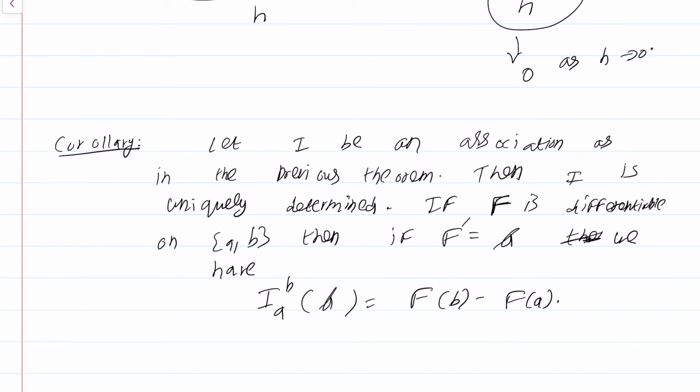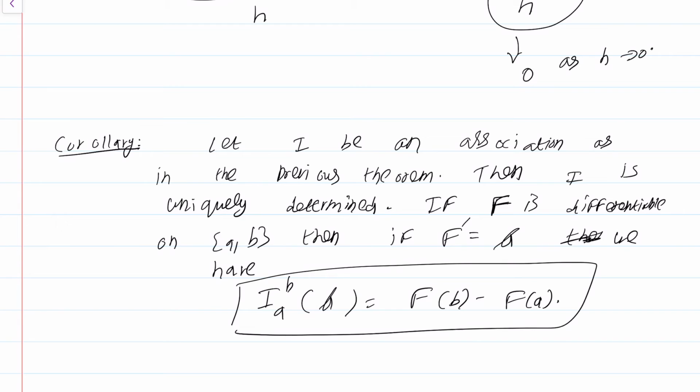So what we get is the following. If at all there is an association I, then I_a^b(f) should be F(b) minus F(a). It must satisfy the fundamental theorem of calculus. The conclusions of the previous part and the conclusions of this part are two versions of the fundamental theorem of calculus.